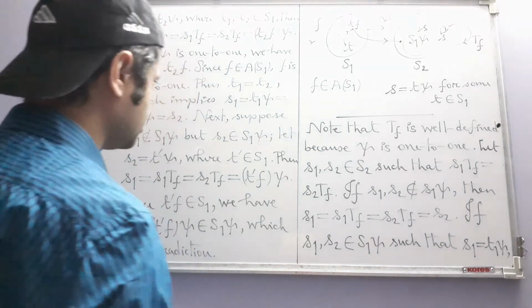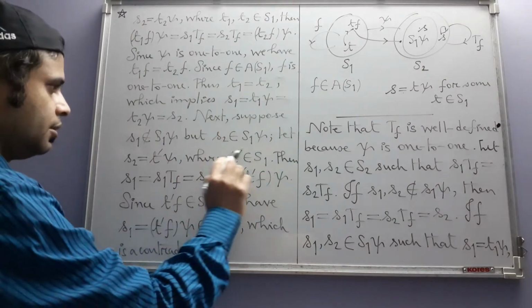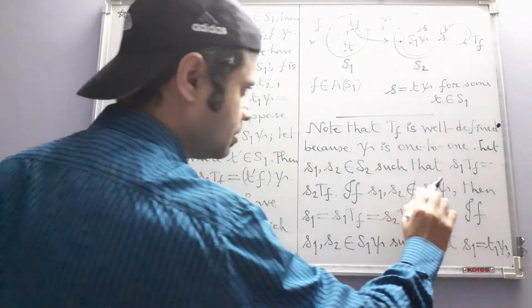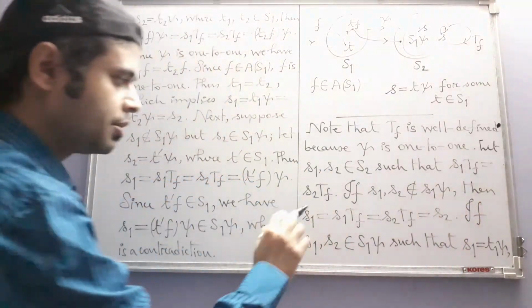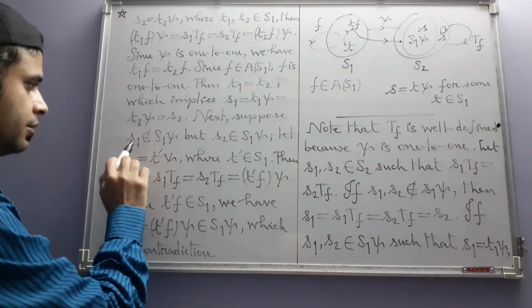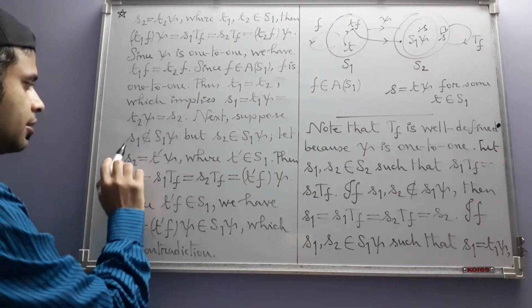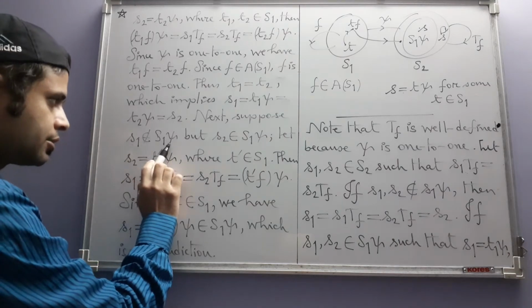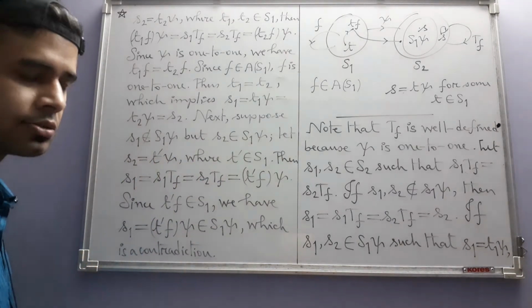So this is a contradiction. So that's why if we have this assumption S1 TF equal to S2 TF, then this case cannot occur, that S1 does not belong to S1 psi but S2 belongs to S1 psi.